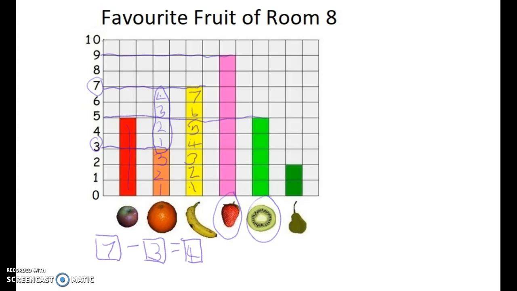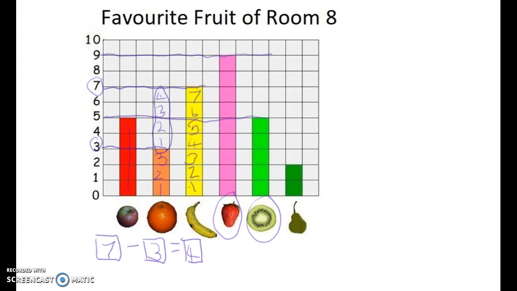Now we're going to work out the difference. Remember, there are 2 ways. One way is to count the number of squares between the tops of each graph, and the other way is to use a subtraction equation.